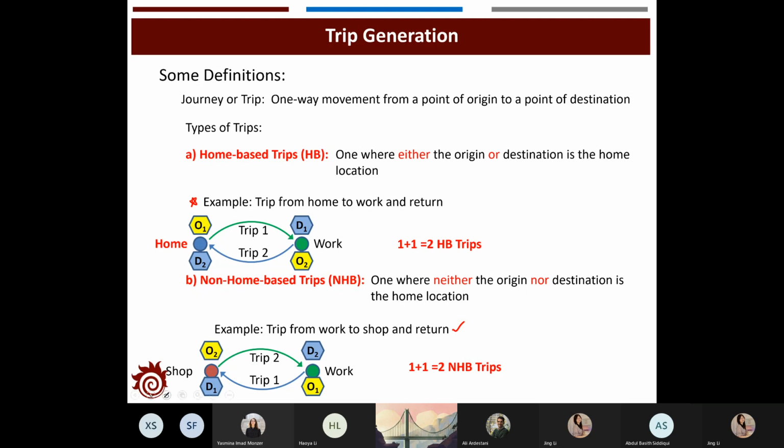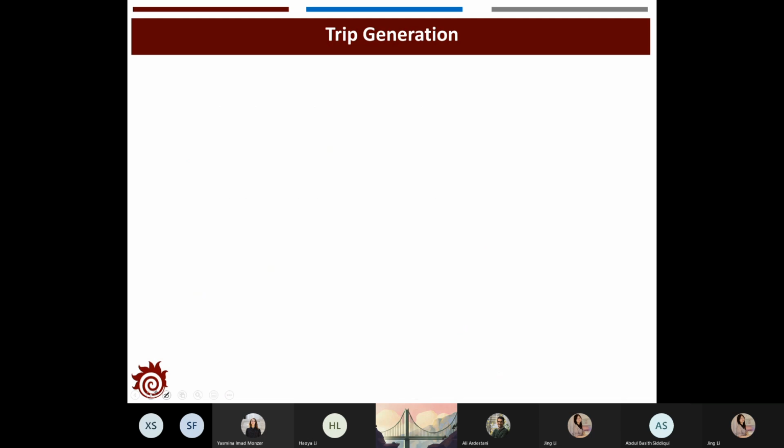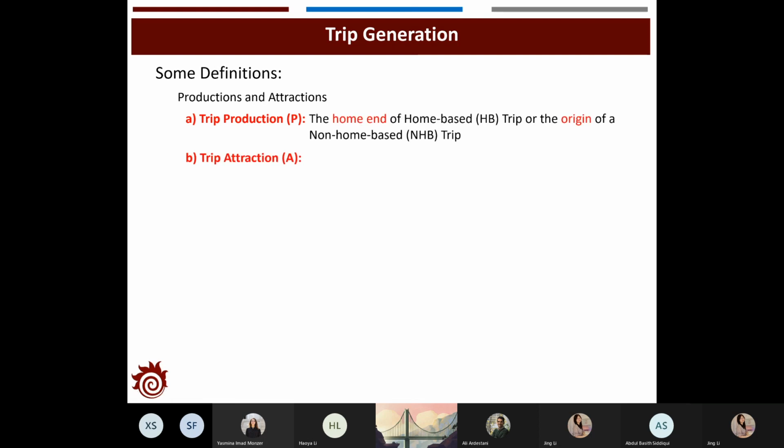The next thing we want to define is the production and attraction. Production is defined as the home end of the home-based trip or the origin of the non-home-based trip.